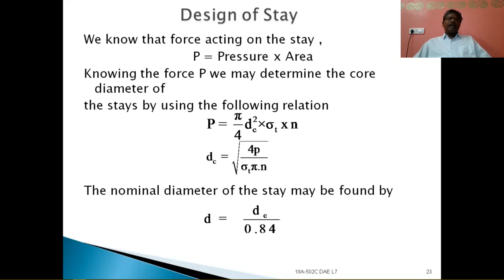So next is design of stay. In this design, we got one formula. With this formula, we are going to get the core diameter, and from the core diameter, we will have the nominal diameter. So this is all about the boiler stay.